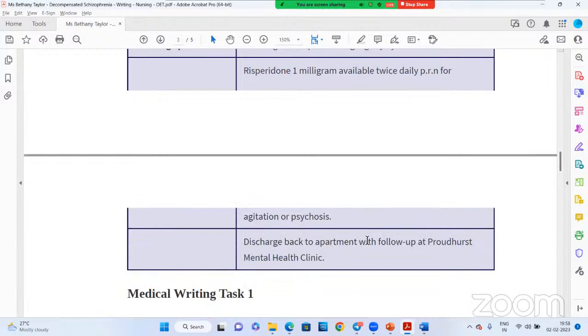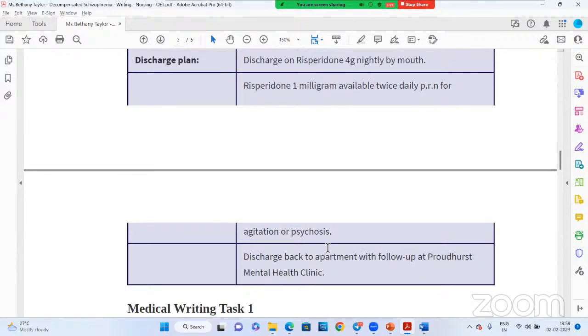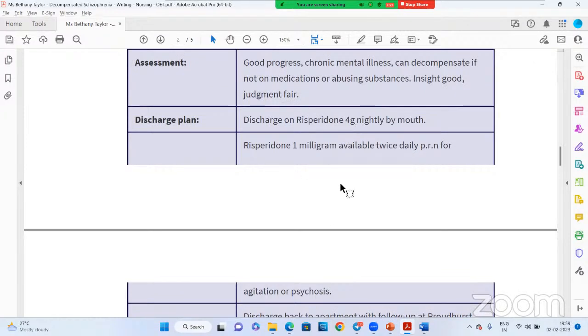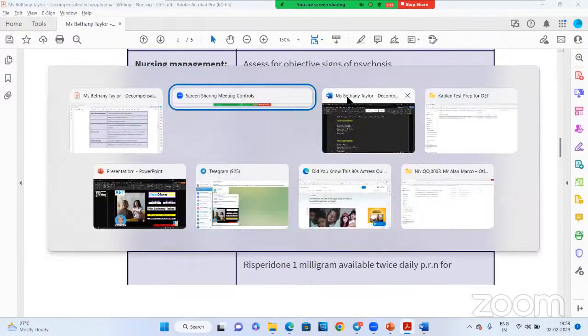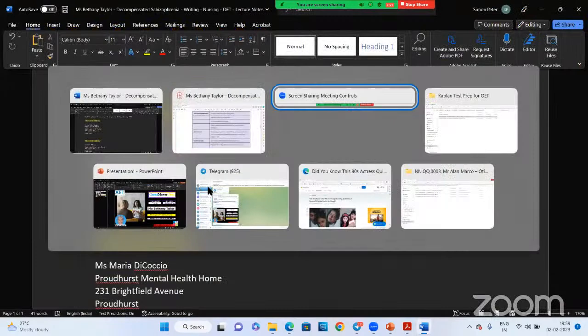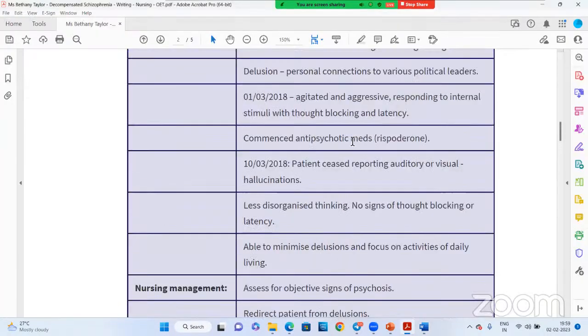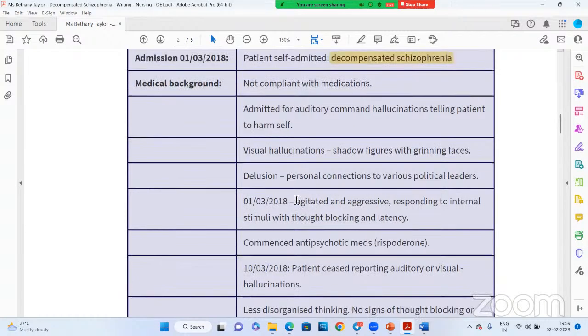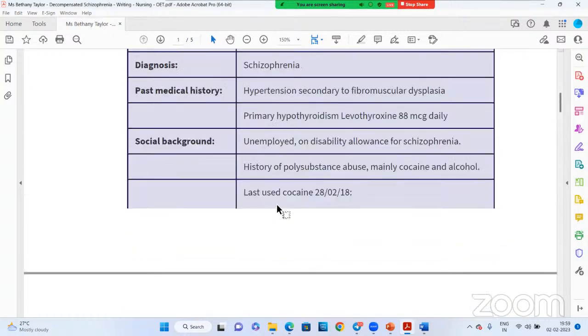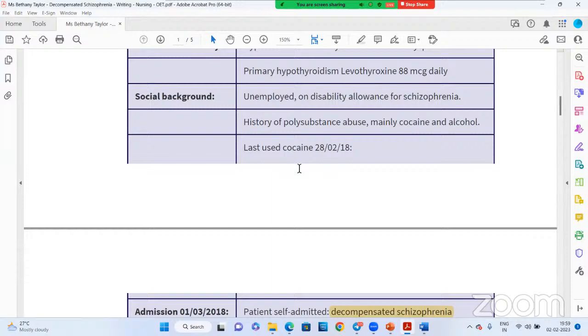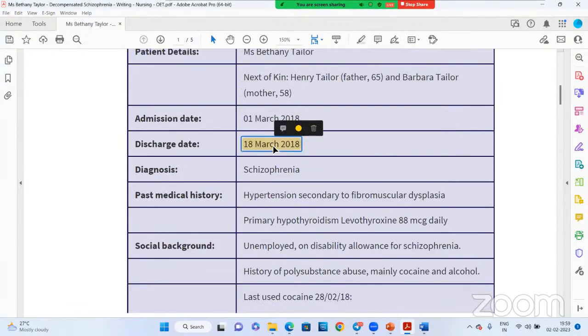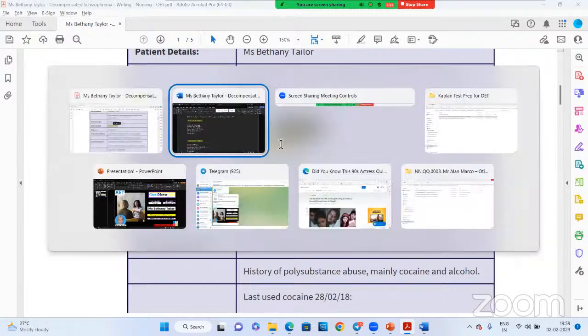Discharge back to apartment with follow-up at Proudest Mental Health Clinic. Fine. So let us take the same date given in the case notes, because there is no clue anywhere else. Let us take the discharge date as 18 March 2018, and we are going to write the letter on the same day.